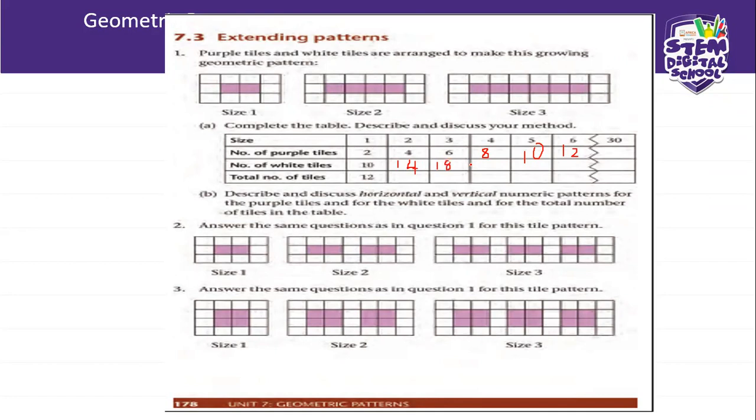This would be 18. Then the total number, you add the top and the bottom. 4 plus 14 is 18. This is supposed to be 22, sorry. I hope we're together.